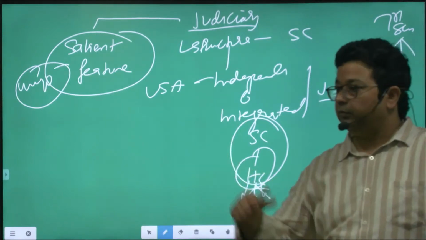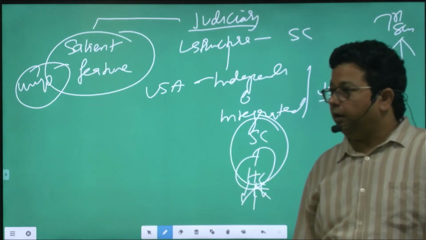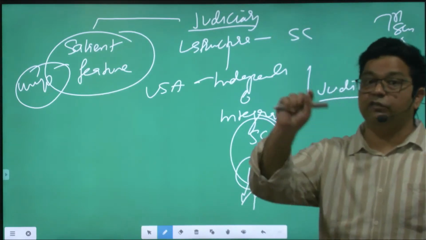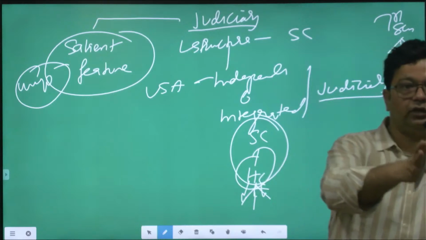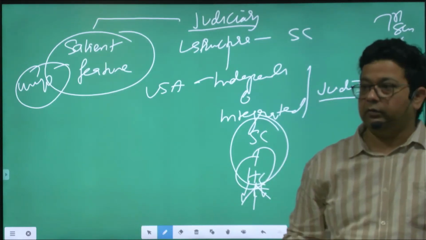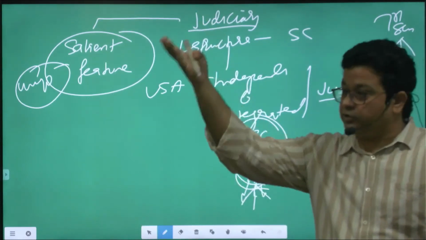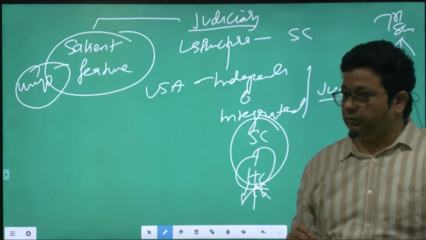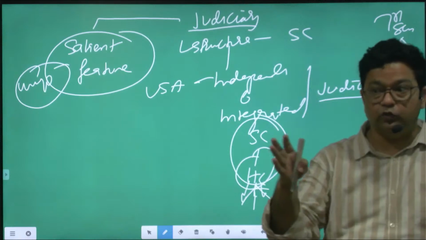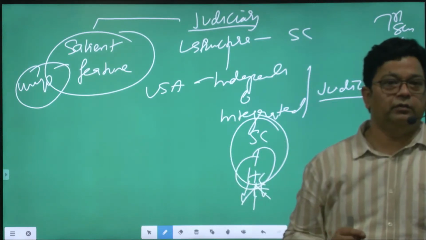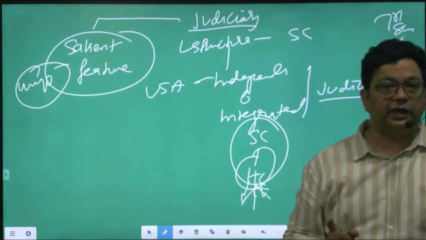Unlike the American system. In America, the judiciary has a division of power. The federal court is not allowed to interfere in state matters, so states have their own highest court of appeal. But in India, there is no such division of power in terms of judiciary. Are you getting my point?